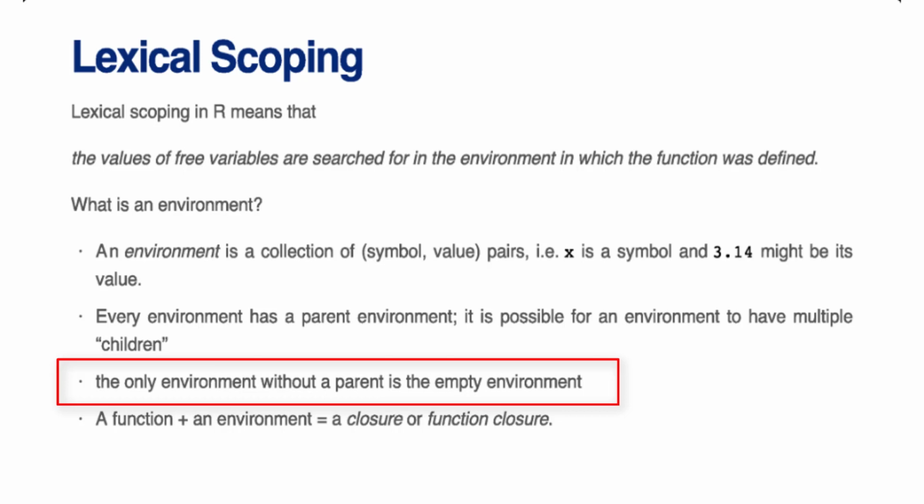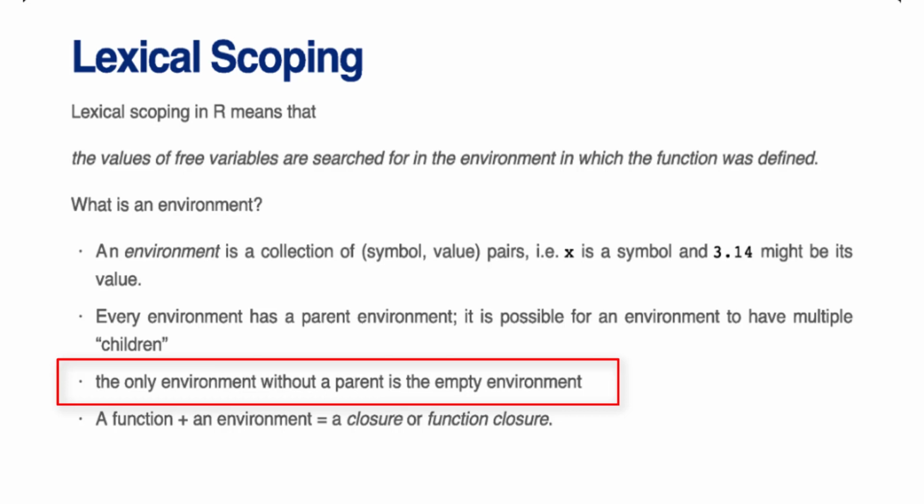And so R uses a lot of these types of environments. So you think of the global environment, which is your workspace, that is a set of symbol value pairs, right? So you have a bunch of things that you have created in your workspace and they all have names, and each one of those things has an object associated with it. So there might be a vector of numerics, or it might be a data frame, or it might be a list or whatever.